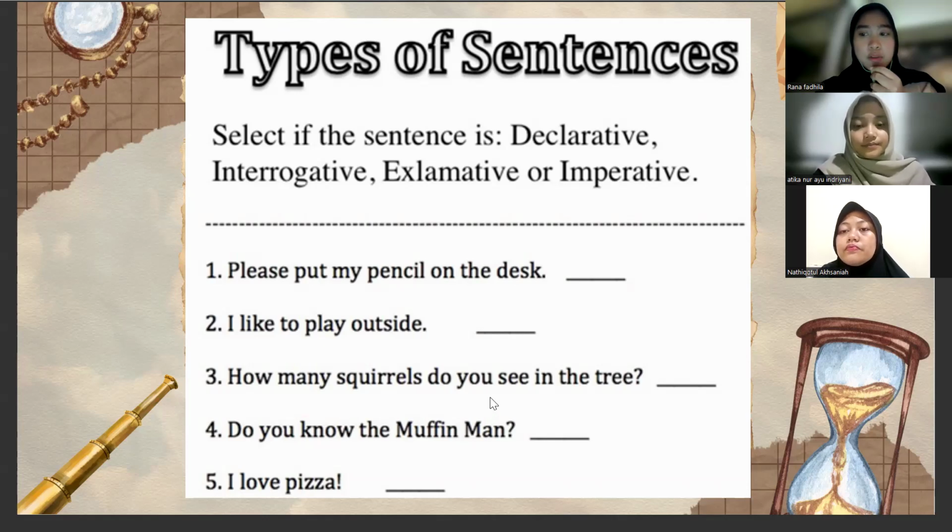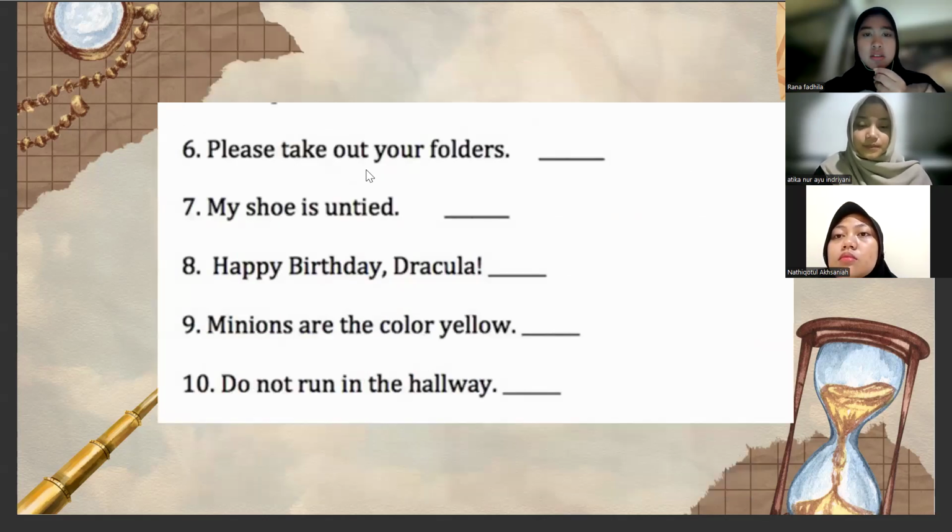And number 5, I love pizza, is an exclamatory sentence because there is an exclamation mark at the end of the sentence.